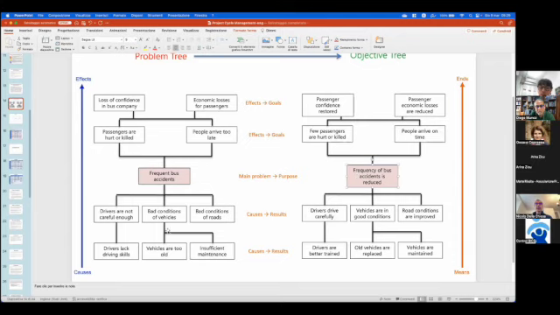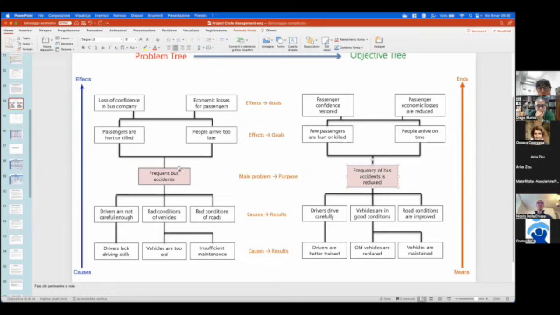And at the lower level, we have different causes of this central problem. So you have a certain complexity in the identification of the causes of the central problem, and you can work on some of these or all of these depending on the strategy you choose.